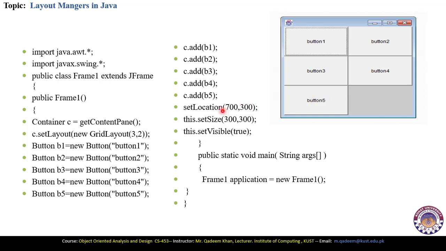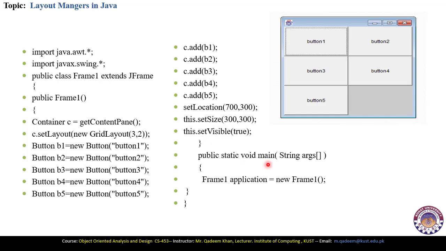Then we have defined the position, or the location of this window on the screen, which is 700, 300, and its size is 300, 300, which is a square GUI. And here we have set visible to true, which means this GUI will appear when we execute this code.